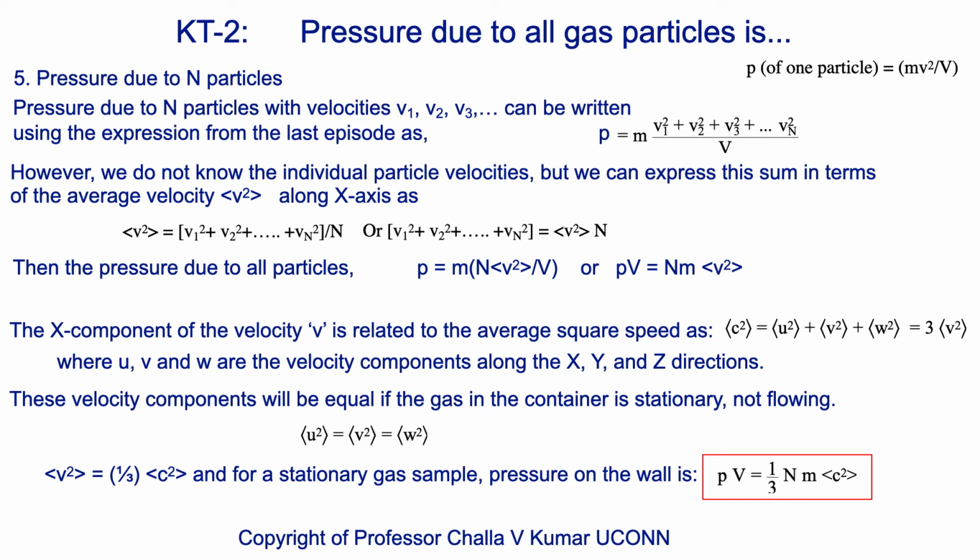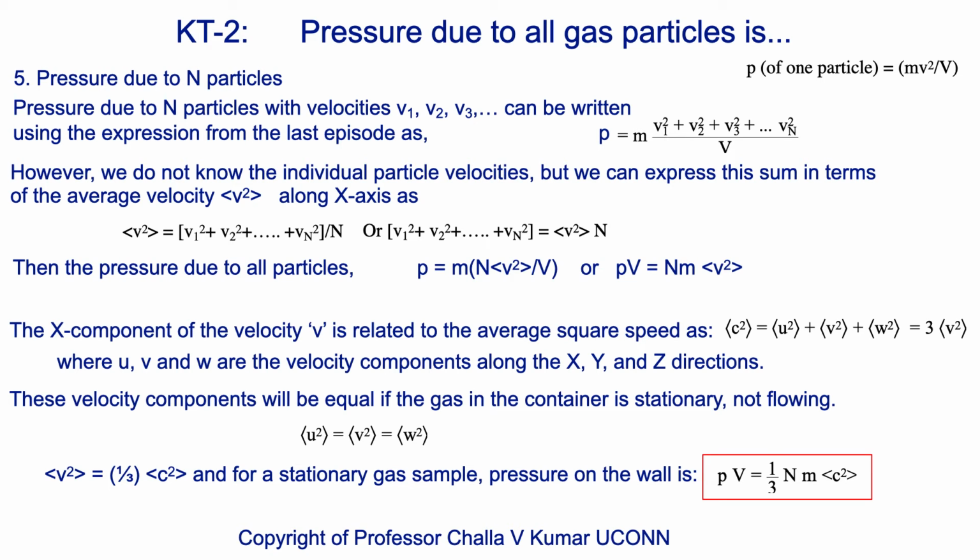Clearly the gas is not moving, it is stationary on the whole inside the container. Therefore, when we average the squares of all these velocity components along the 3 axes, they should be exactly the same.